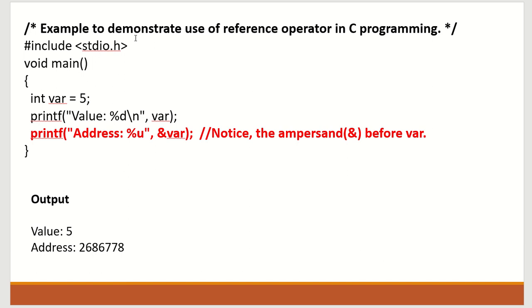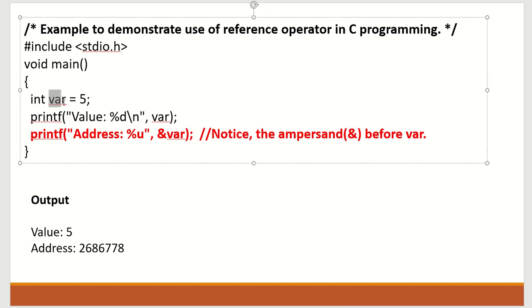So we have one example to demonstrate the use of the reference operator in C programming. Hash include stdio.h, void main function, open the bracket. This is right now a normal variable var because there is no asterisk sign. So var equal to 5. Then we have a printf and we are printing the value of var.